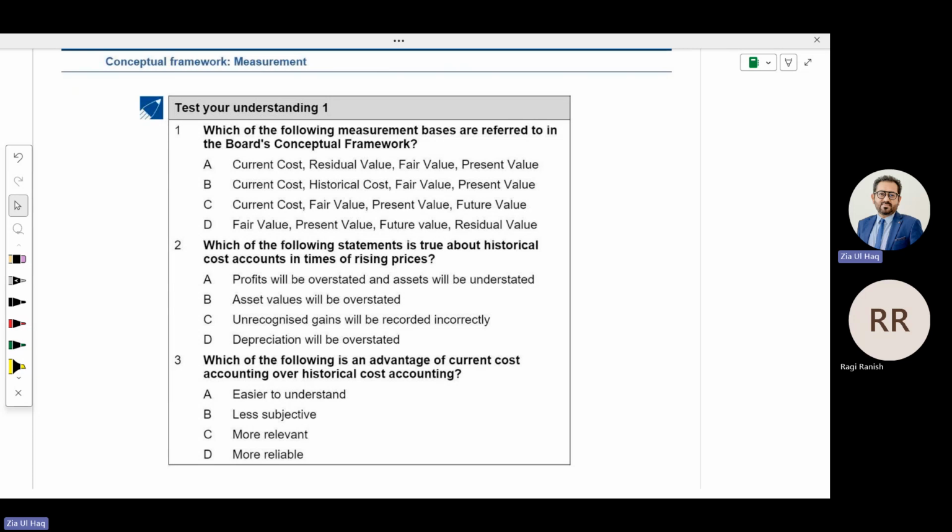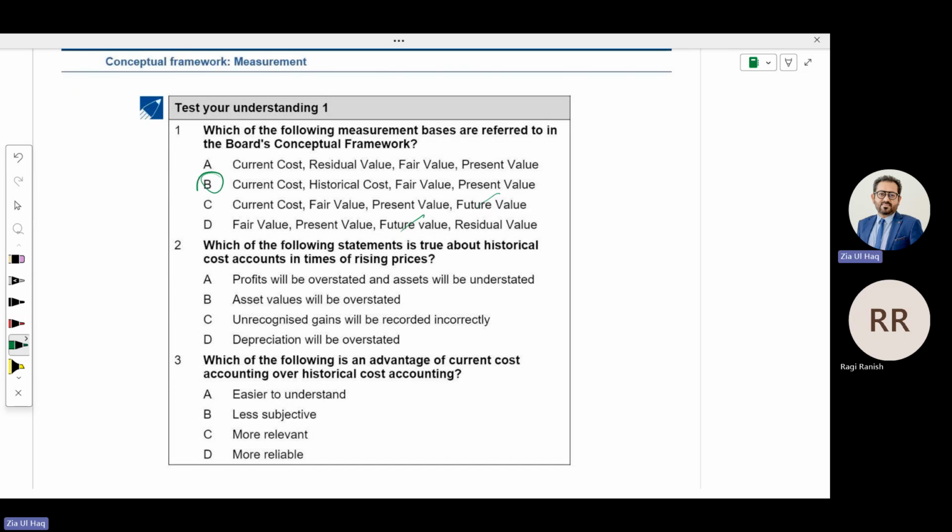Historical cost is not there, so A is not the option. B, current cost, historical cost, fair value, present value. C, current cost, fair value, present value, future value. No, future value is not there. So which option?